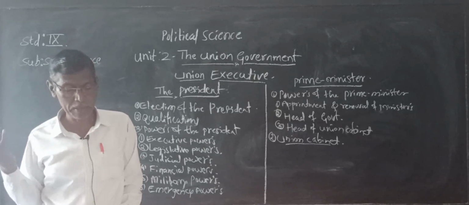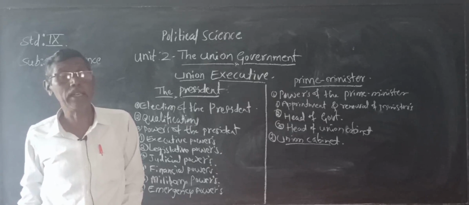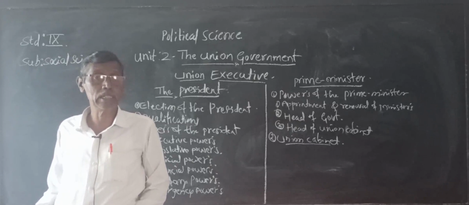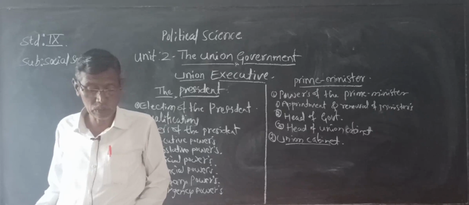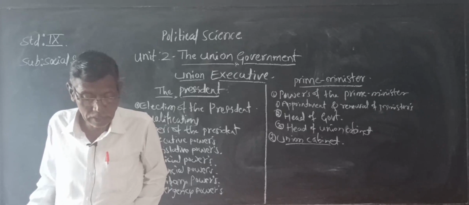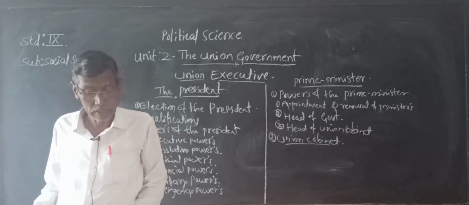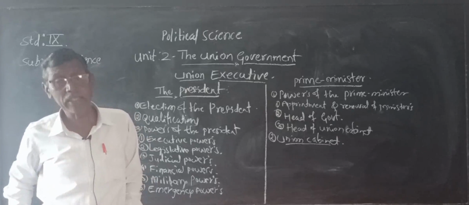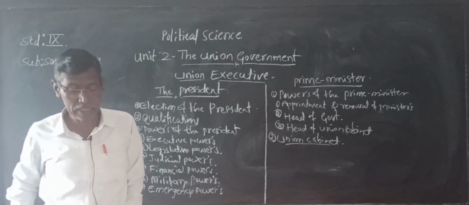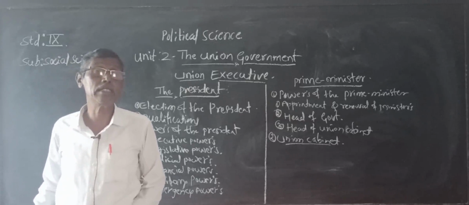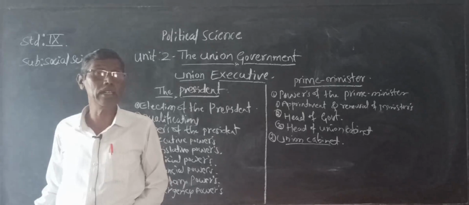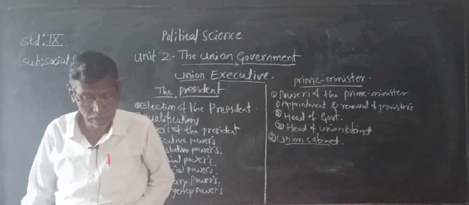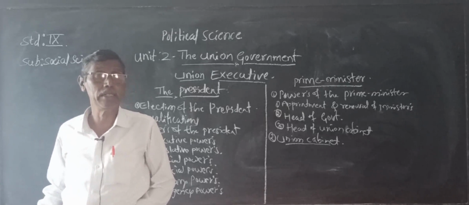These 3 occasions are the national emergency according to article number 352 of the Constitution, state emergency according to article number 356, and financial emergency according to article number 360. So on these 3 occasions he can declare emergency in the country.